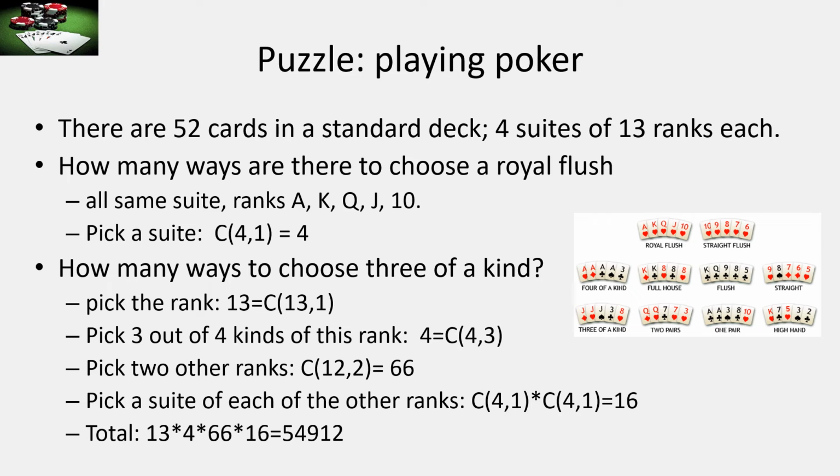Choosing 3 of a kind is a little bit more of a calculation, because first we need to pick the rank that will be the rank of those 3 cards that make it a 3 of a kind.